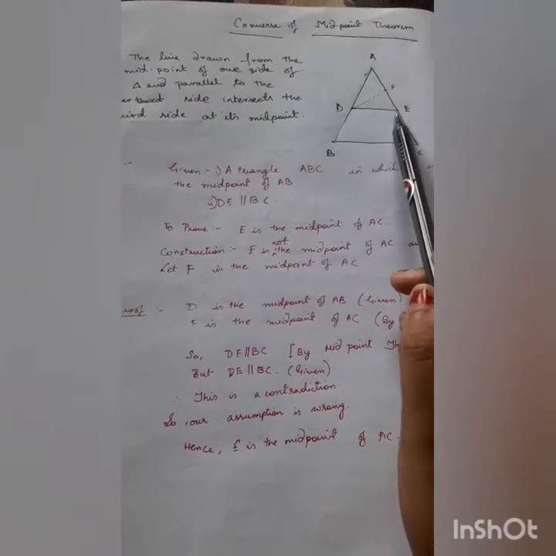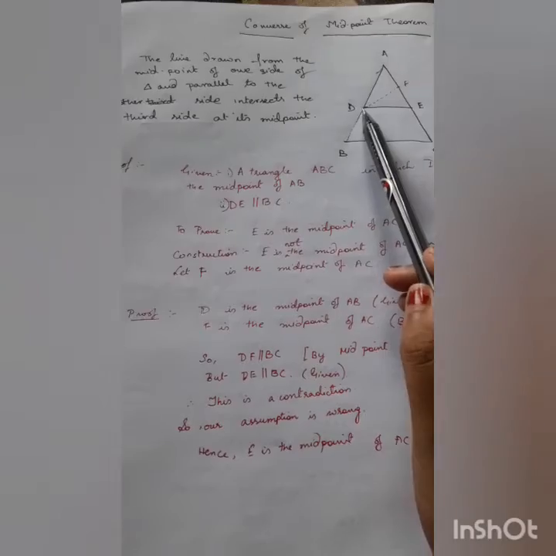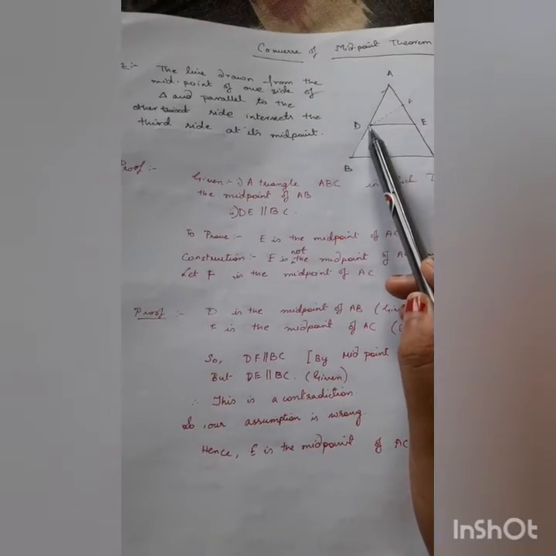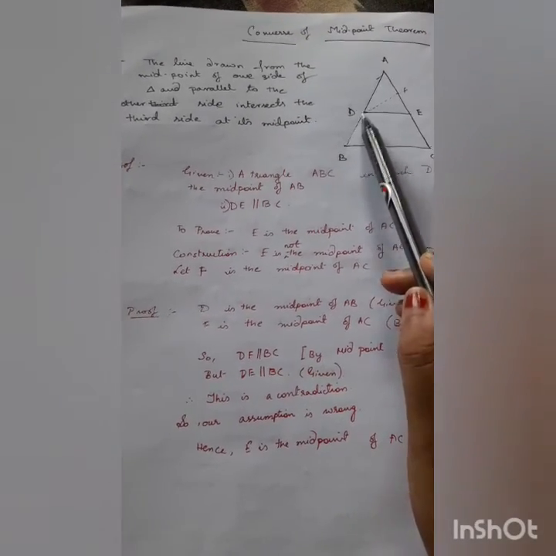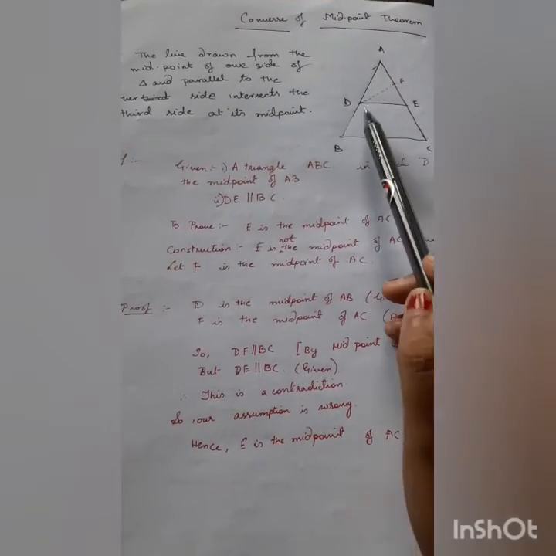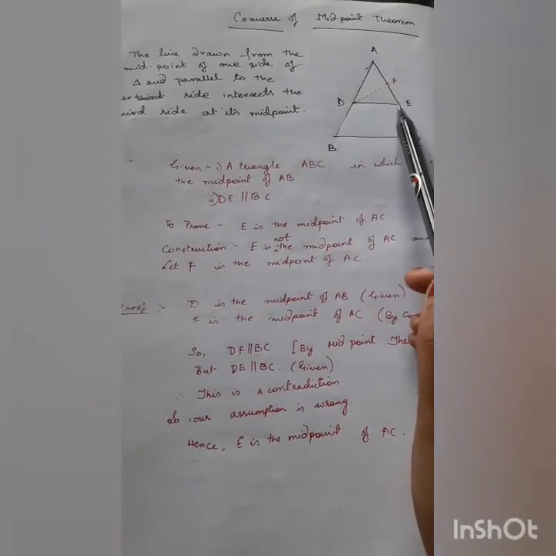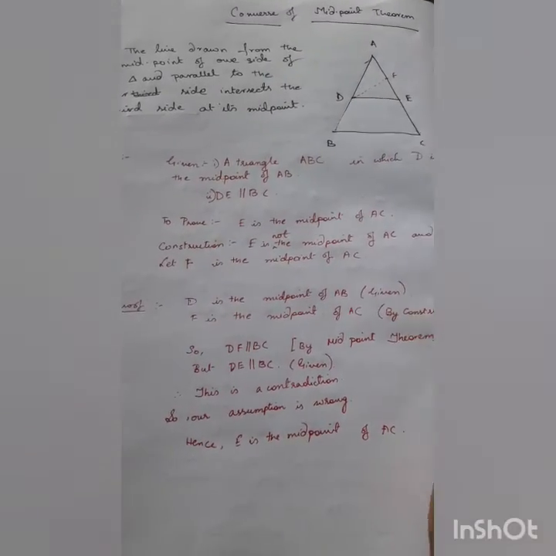So we have to show that in a triangle ABC, if a line is drawn from the midpoint of one side of the triangle, such that the line segment is parallel to the other side, then this line will meet the third side at its midpoint.